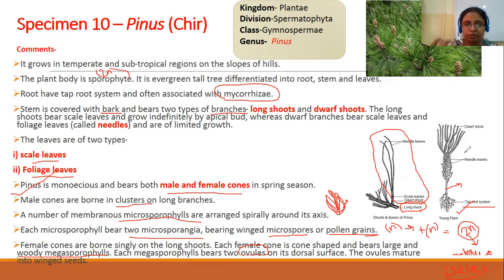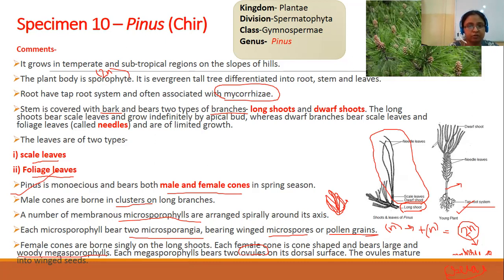You cannot see flower, you cannot see ovary. So ovule is there, after the fertilization it develops into a seed, but there is no ovary, no ovary wall. That's why these seeds are naked. They are not true fruits. They are only seeds, and very tough and hard.